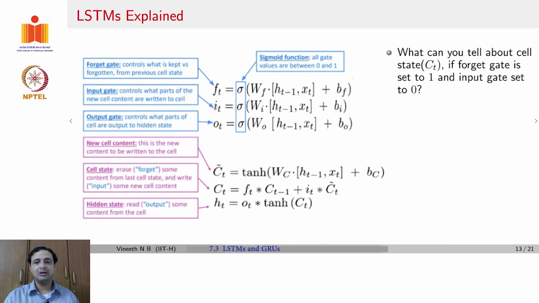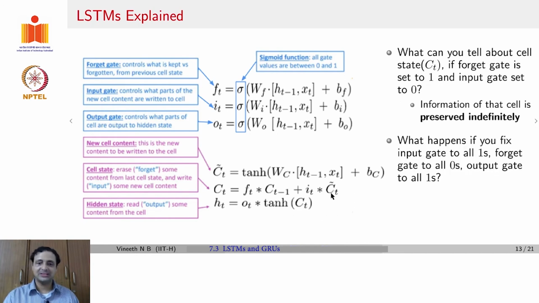What would happen? From this equation for Ct, you can notice that the information coming in from the previous cell state will continue to be preserved because there would be no input added due to the input gate being 0, and the C tilde would not have an effect on the cell state.